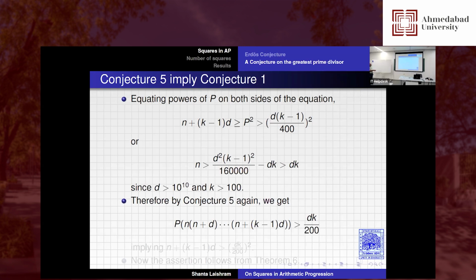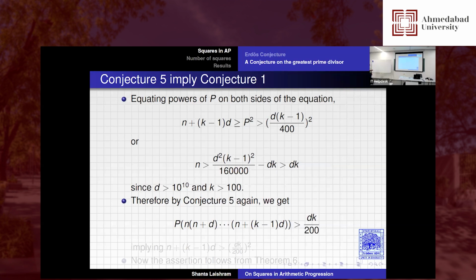And so it turns out that n is bigger than d squared k minus 1 squared by 160,000 minus dk, which is bigger than dk. Because I know that k is bigger than 100, one can easily show that this number is bigger than 10 to the power 10. So clearly this number is bigger than dk.